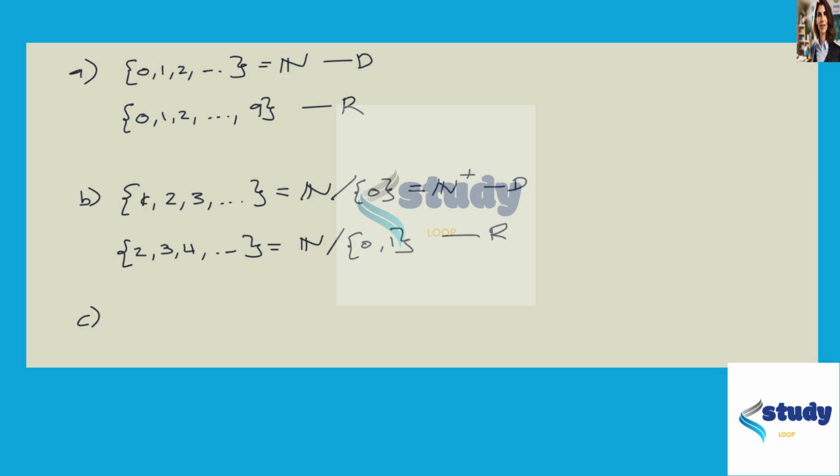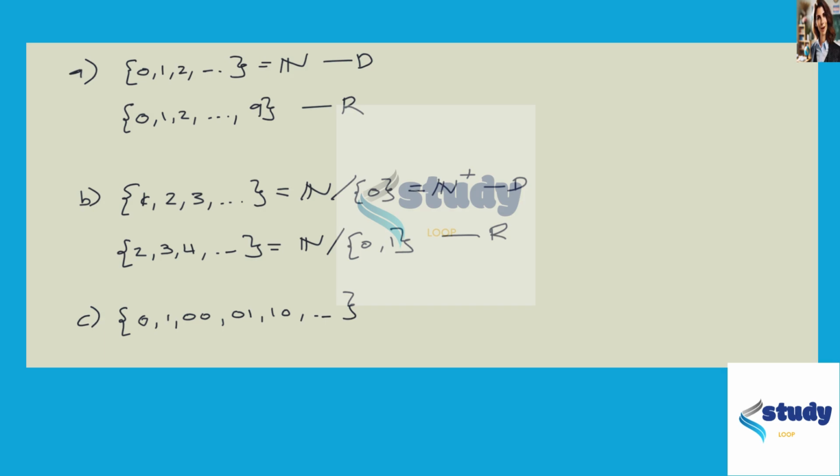C, the function that assigns to bit strings the number of 1 bits in the string. So your domain, a bit is simply 0 or 1, like 0, 0, 0, 1, 1, 0, and so on. These are just your bits.